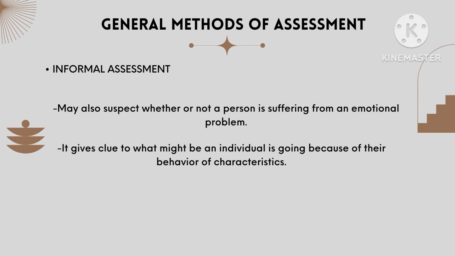Informal assessment may also suspect whether or not a person is suffering from an emotional problem. For example, a friend of yours is posting or tweeting problematic or emotional posts. Your immediate action will be to ask them if they are okay because you observe that they are suffering emotionally.